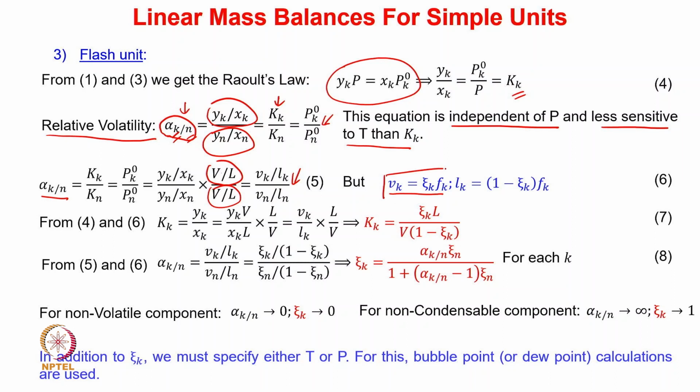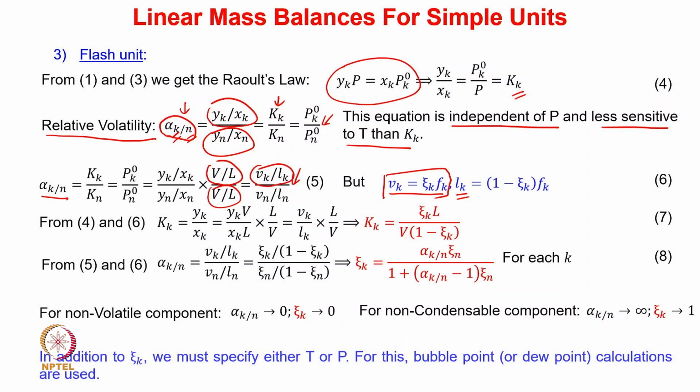That is represented by using this equation, isn't it? So Vk is given as zeta k into fk. Similarly, Lk is given by 1 minus zeta k into fk. Now I can obtain Vk divided by Lk directly. So that is nothing but what? Zeta k divided by 1 minus zeta k. So I can remove this by using that, isn't it?